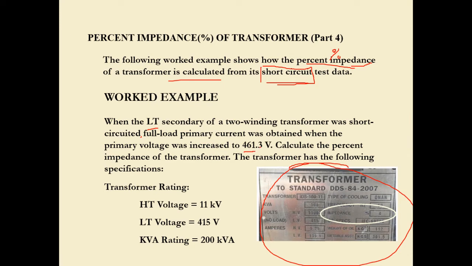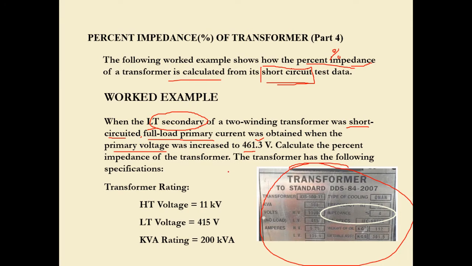So this is the method when we short circuit the secondary part of the low tension transformer. Then calculate the percent impedance of the transformer.